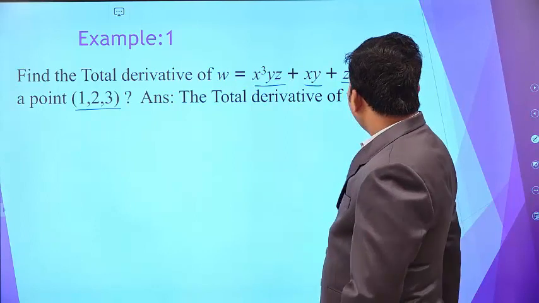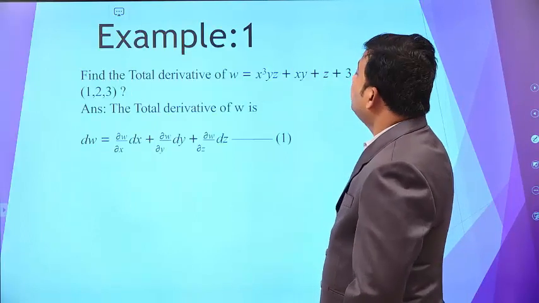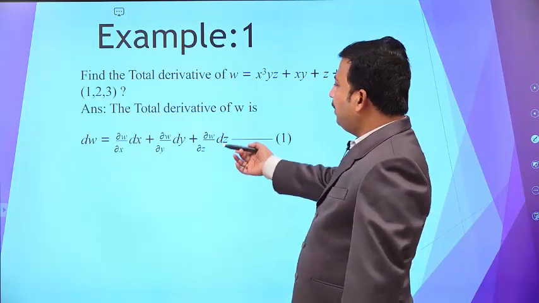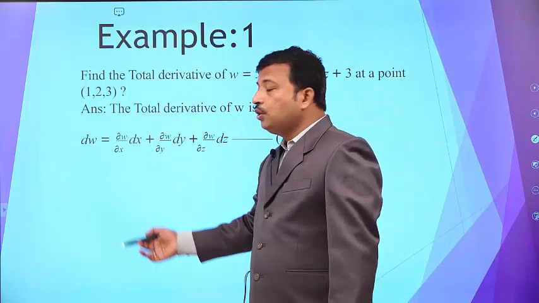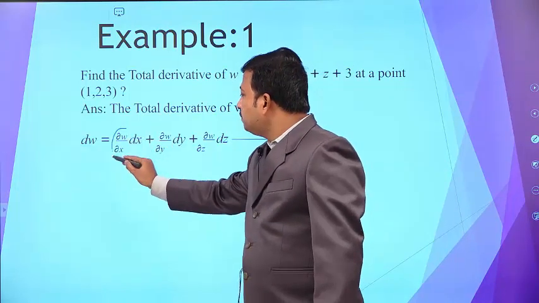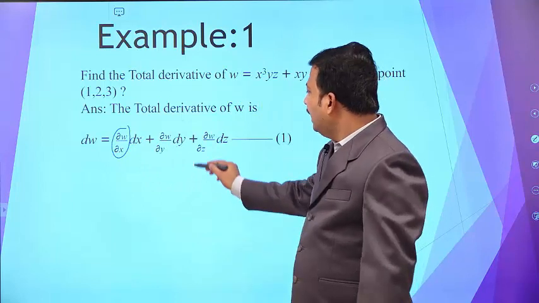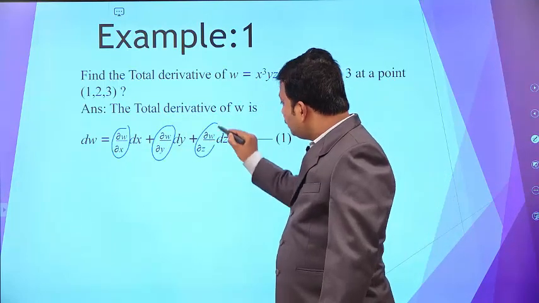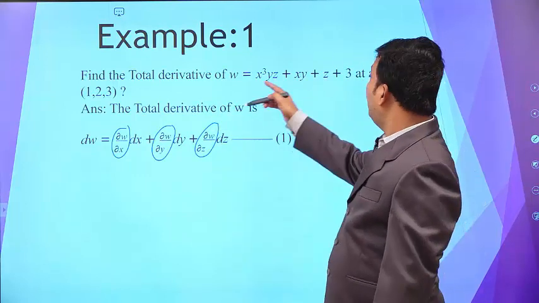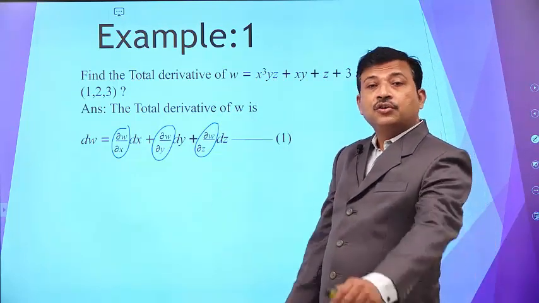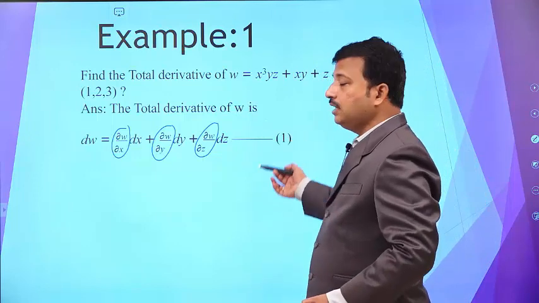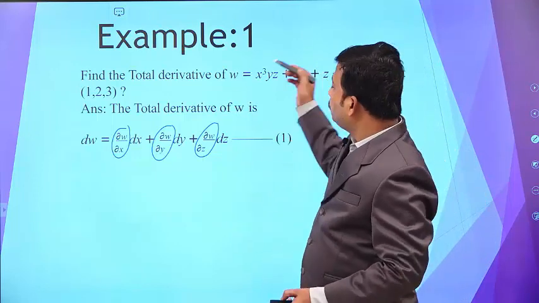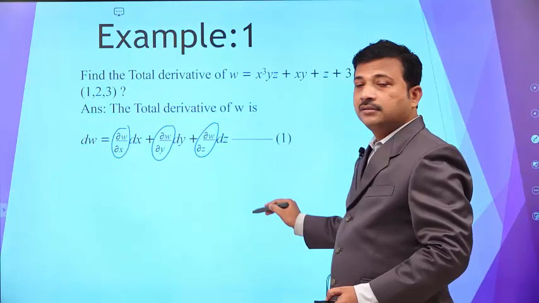So the total derivative of w, using this formula, is dw = the derivative with respect to x into dx, with respect to y into dy, and with respect to z into dz, because we have 3 different variables. If you have 4 different variables, you can add another one. If you have 2 variables, this is not required. Is it clear? Right.